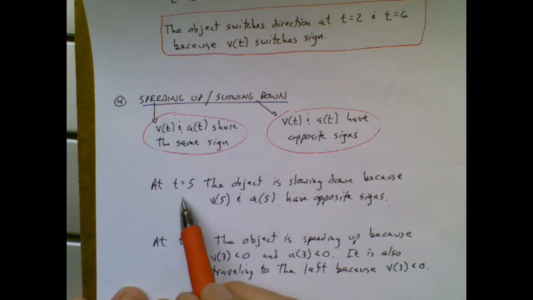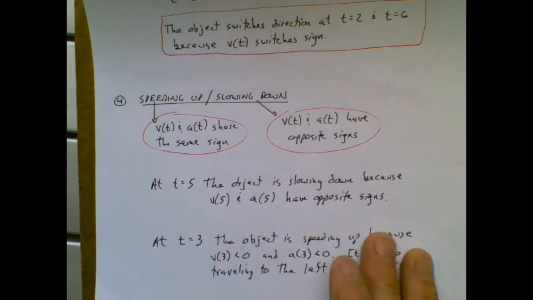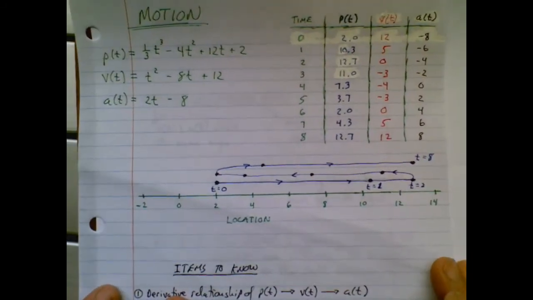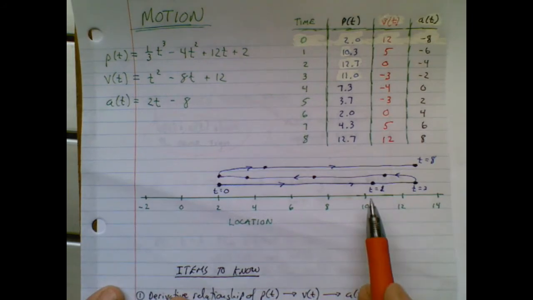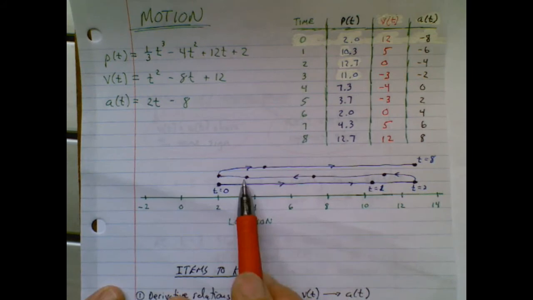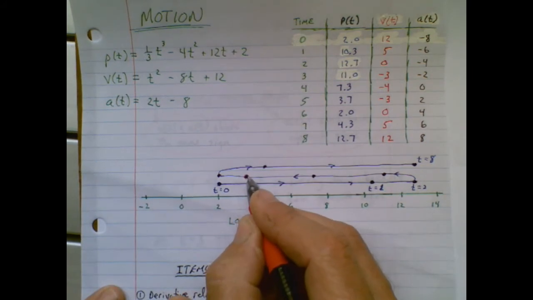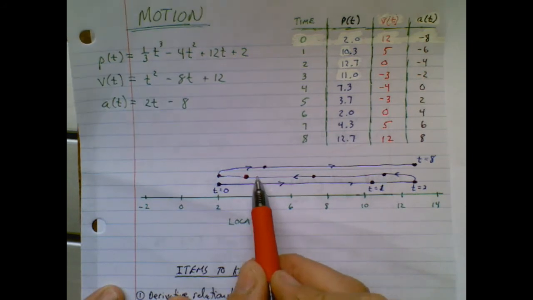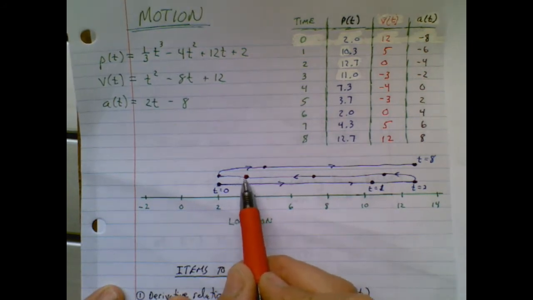So if I look at time t equals 5, and I'm going to go back to the original scenario, the object is traveling to the left, and we're wondering if it's speeding up or slowing down.